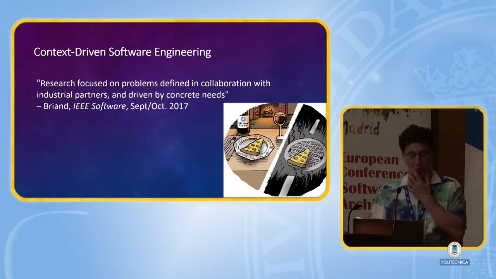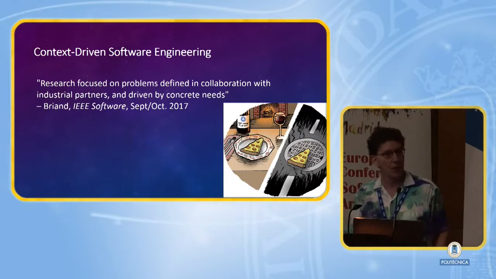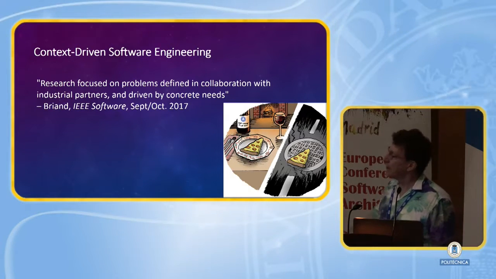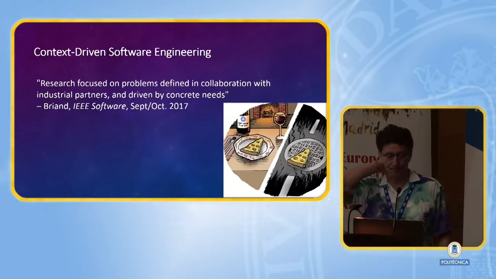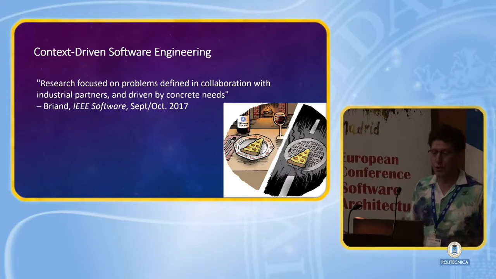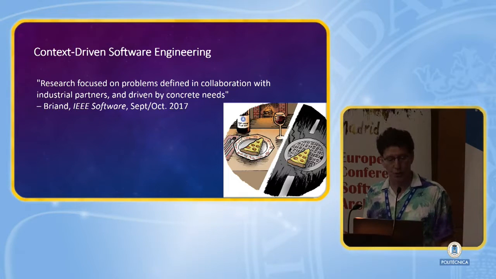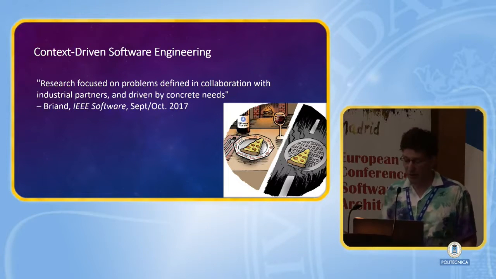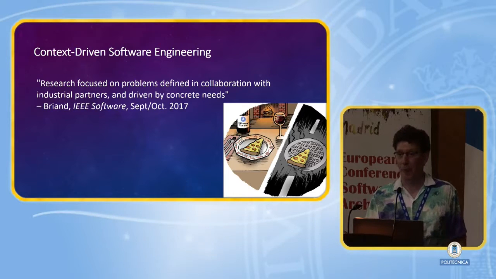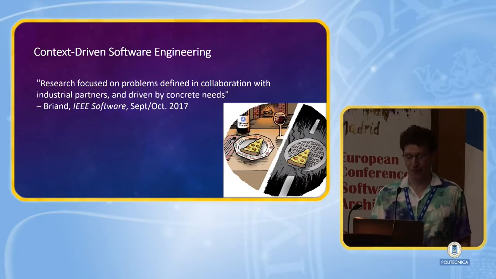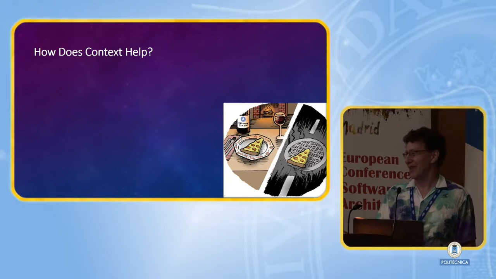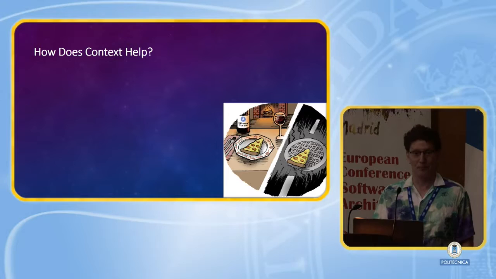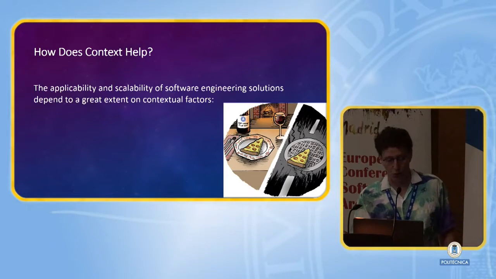So last year, there was a really nice paper published in IEEE Software by Lionel Briand, and he talked about context-driven software engineering, which he defines as research focused on problems defined in collaboration with industrial partners and driven by concrete needs. I'm using my privilege as a keynote speaker to make an argument, a plea for more of this kind of research.